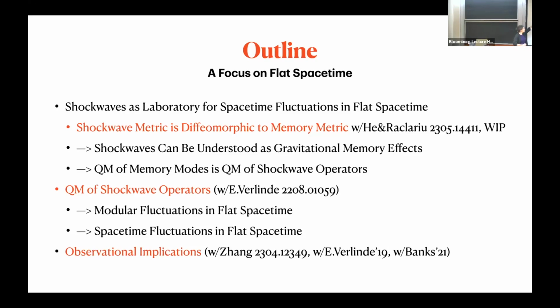So I'm just going to follow this logic through to here. Okay. And so then with this result here, I'll show that those modular fluctuations go like a 4-point function of these light ray operators. So if you just do a naive back of the envelope, it allows you to estimate the size of space-time fluctuations.